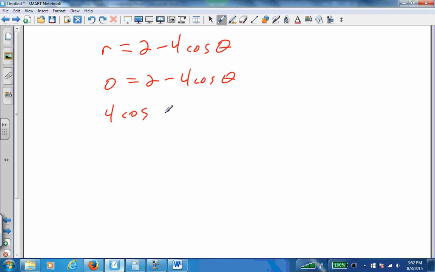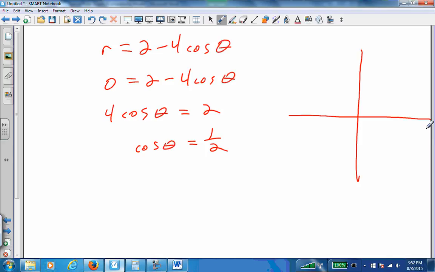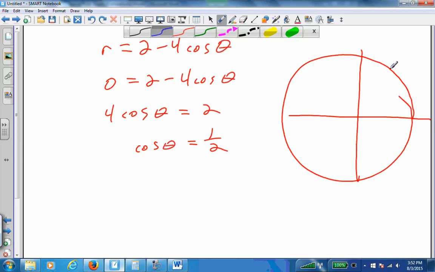So if we move the cosine theta over, divide by 4, we get 1/2. So let's see, if we think about our unit circle, cosine is 1/2.